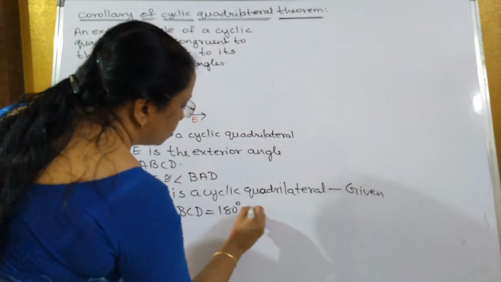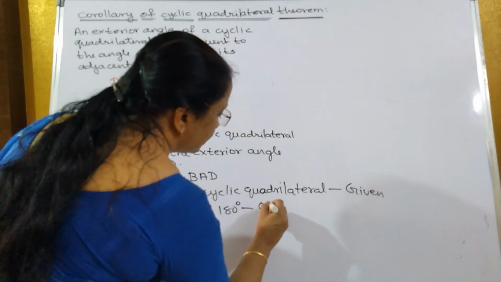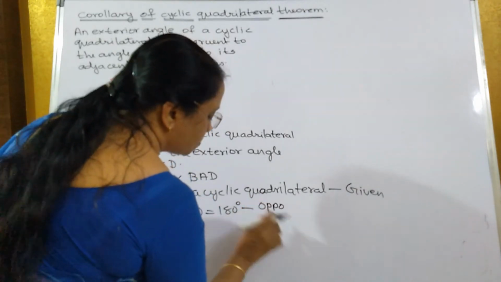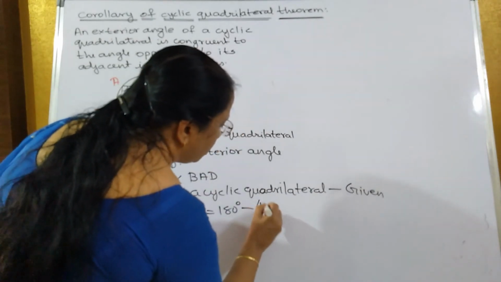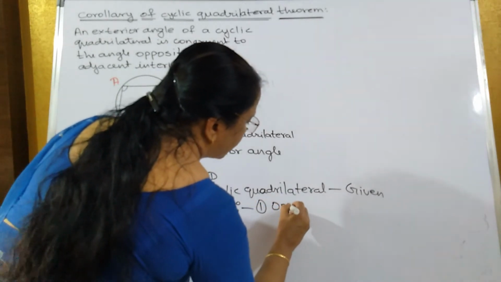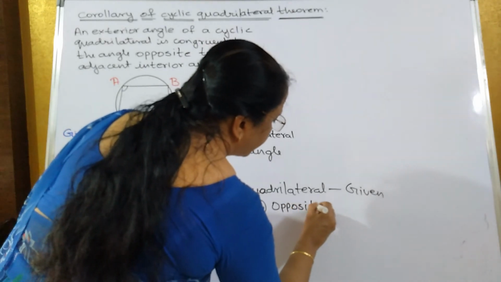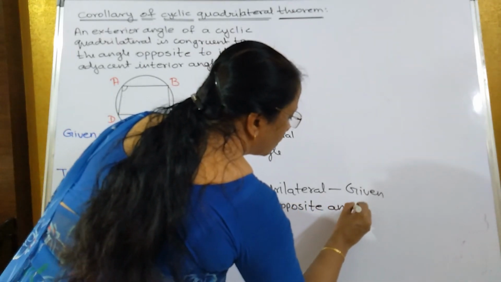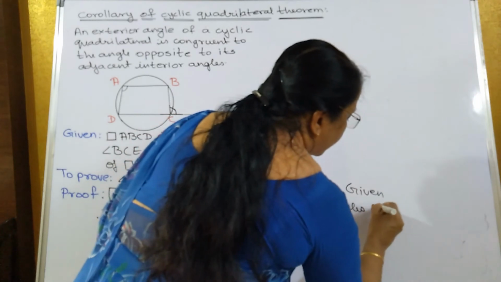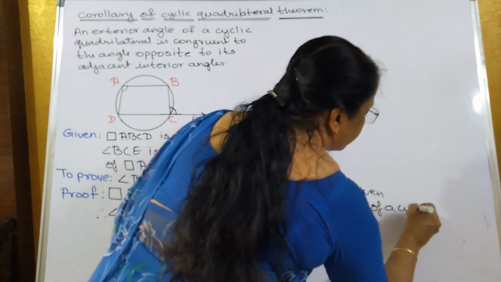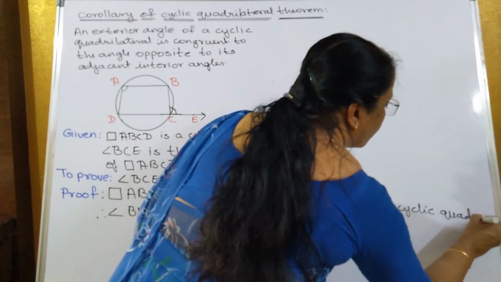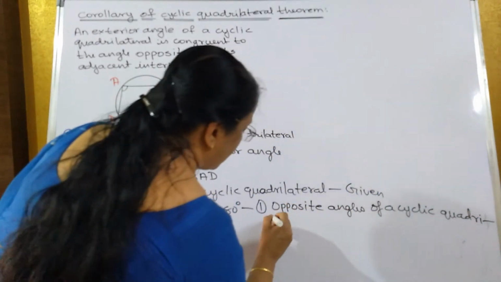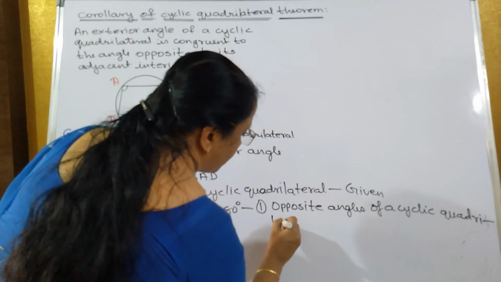Reason what you'll write down? Opposite angles. Let this be 1. Reason what you'll write? Opposite angles of a cyclic quadrilateral is supplementary.